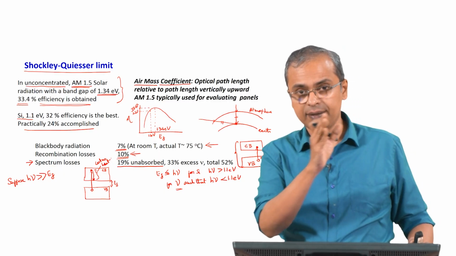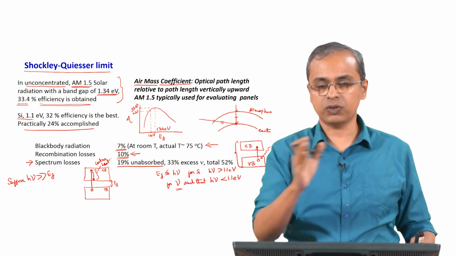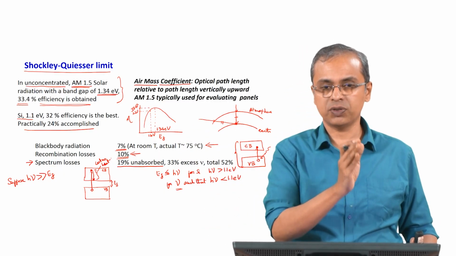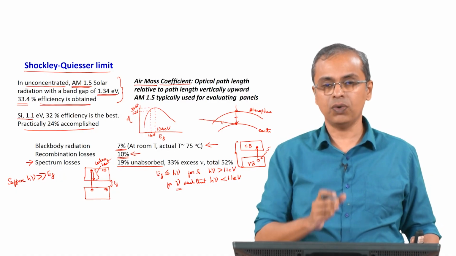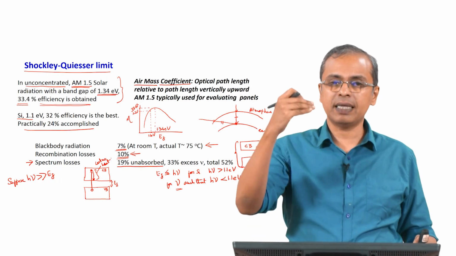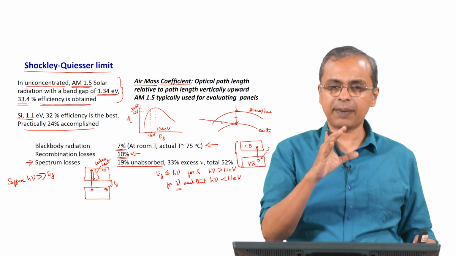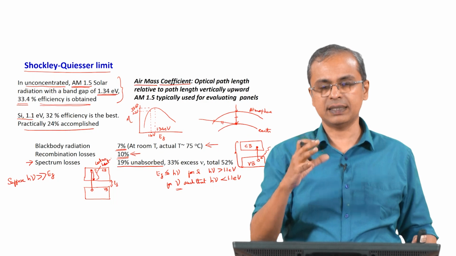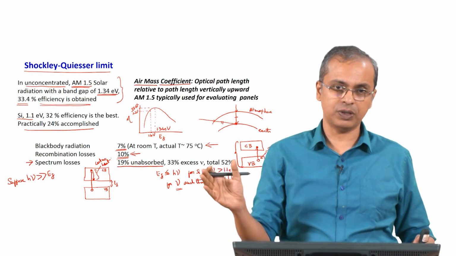And again, if you look at the range of wavelengths available in the solar spectrum, if you take whatever corresponds to 1.1 electron volt and then look at all the energies that are available higher than that, for all those energies the extra energy is lost. So, essentially you are capturing mostly close to that 1.1 electron volt, and most of the rest of it you are losing, right.